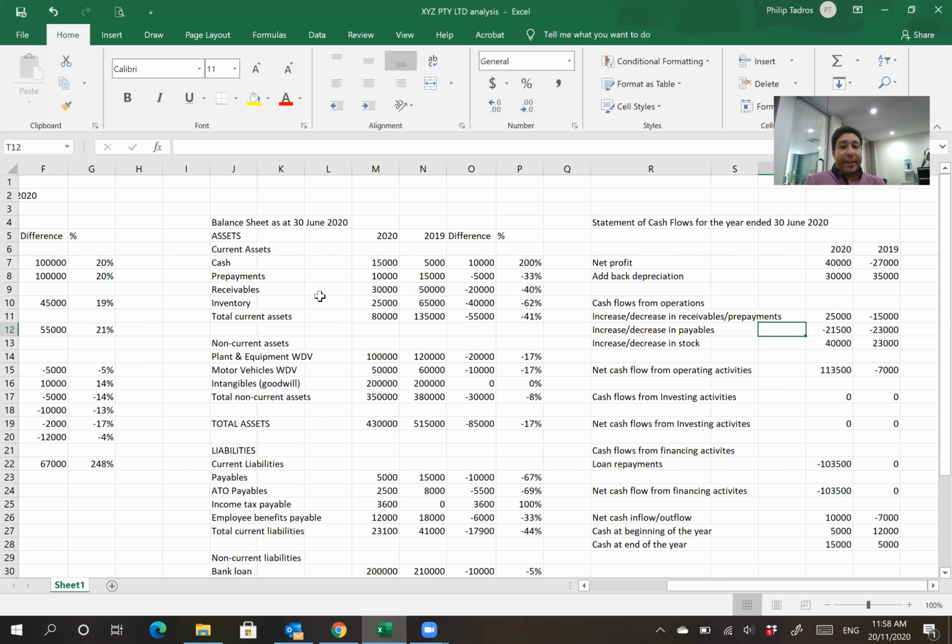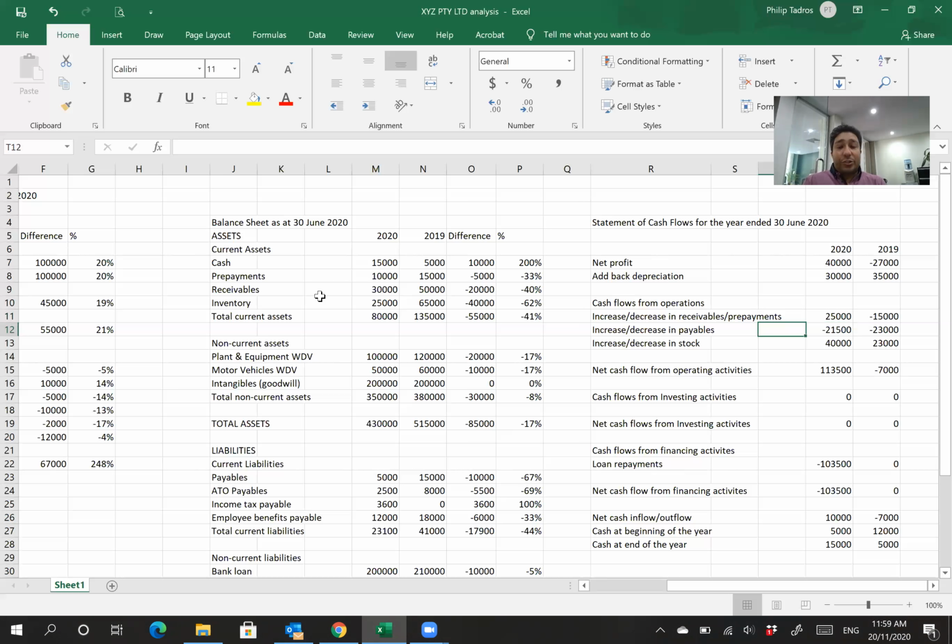However, from a cash flow perspective, well, it may not seem to be a good thing, because an increase in an inventory, for example, it means that you may have paid cash for purchasing stock. An increase in receivables or trade debtors may mean that you are selling more items on credit, or that you're giving your customers more time for them to pay off their accounts. So it may not seem to be a good thing in terms of cash flow.